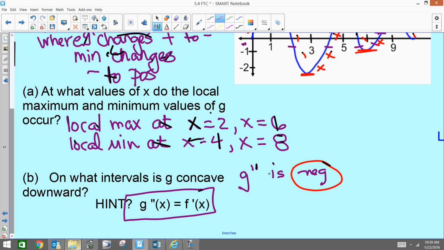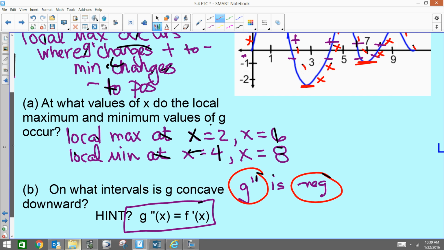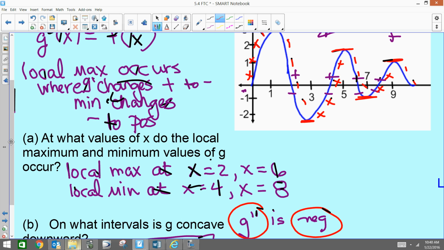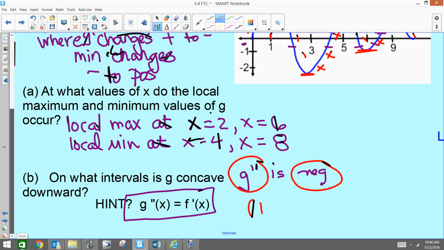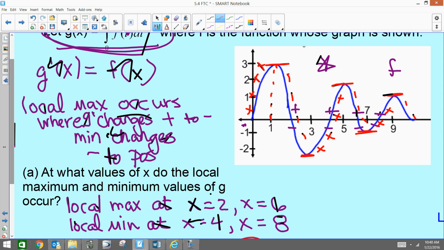And I'm talking about G double prime, that's in red up here. So I'm talking about from probably 1 to 3.